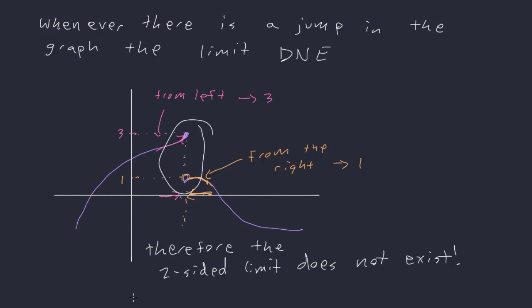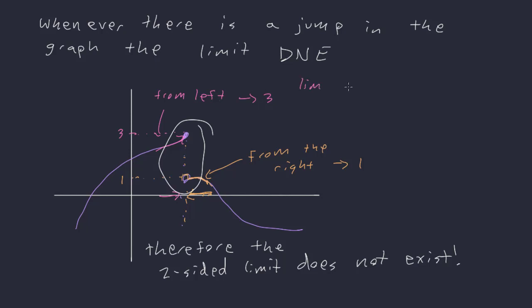Okay, and so that's going to happen whenever there's a jump. But the left side and right side limits do exist. The limit from the left exists, it's 3, and the limit from the right exists, it's 1.